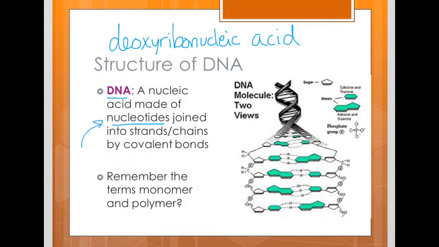Nucleotides are nucleic acid monomers joined into strands and chains by covalent bonds. So they form a chain via covalent bonds, and of course we remember monomer and polymer. Nucleotides here are the monomer, and DNA is one of the polymers of nucleic acids.